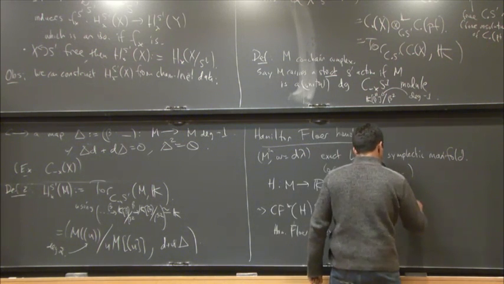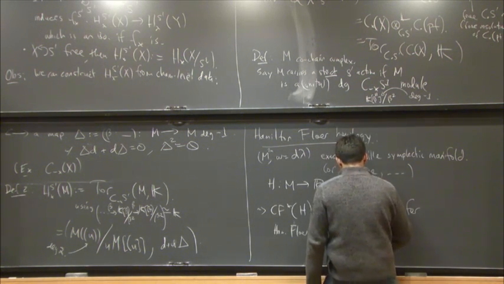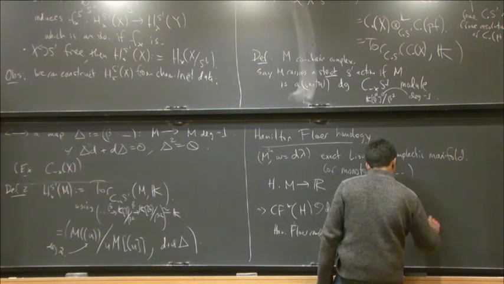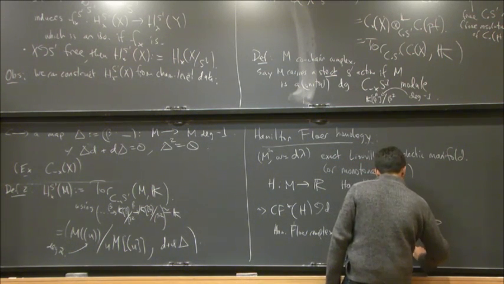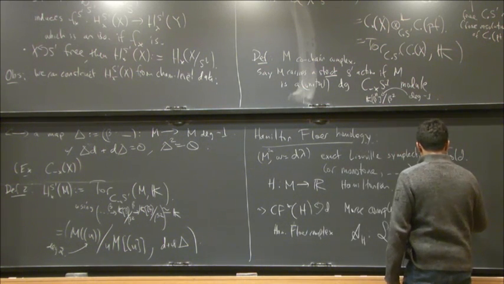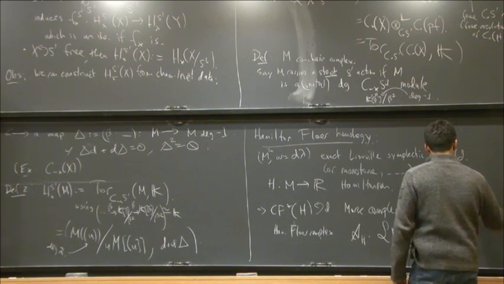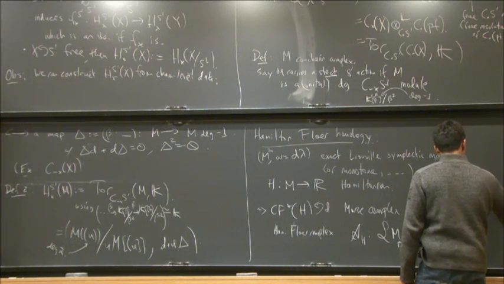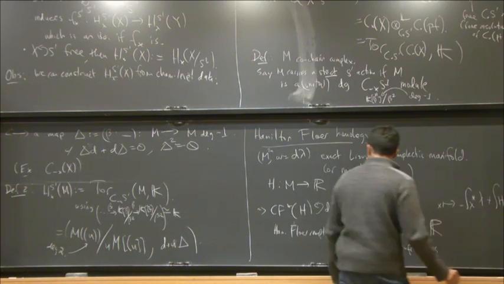It's the Morse complex for some action functional on the free loop space. You can even write what it is. So it's not too relevant, at least for the discussion I want to have today.